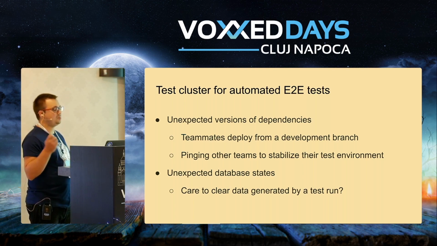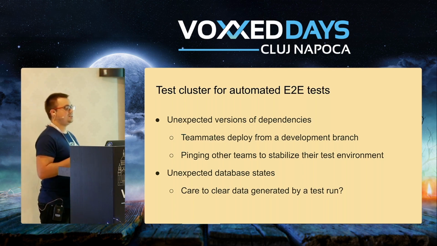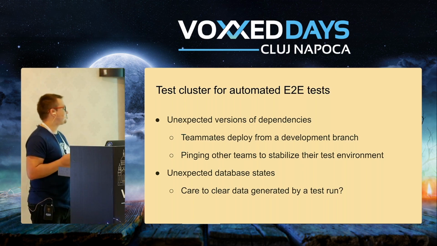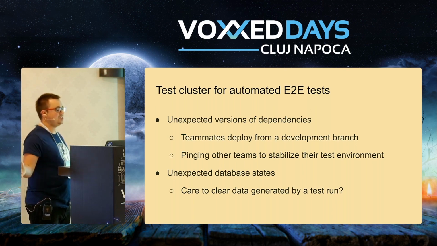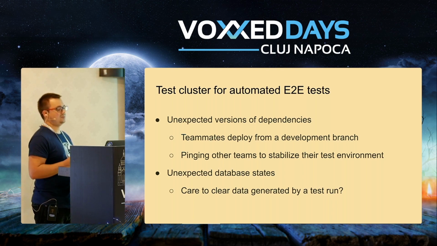Or maybe you depend on a service provided by another team, and it's even more difficult to reach that team than your teammate. Sometimes you need to ask them to stabilize their test environment, and it can take hours, or sometimes even days.